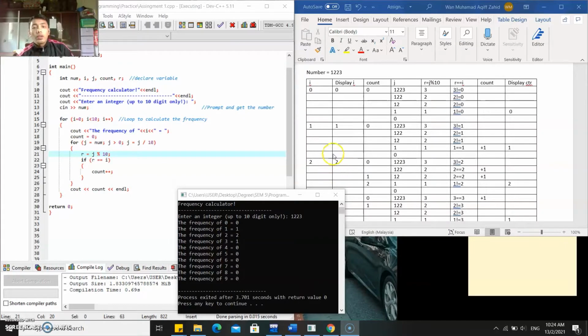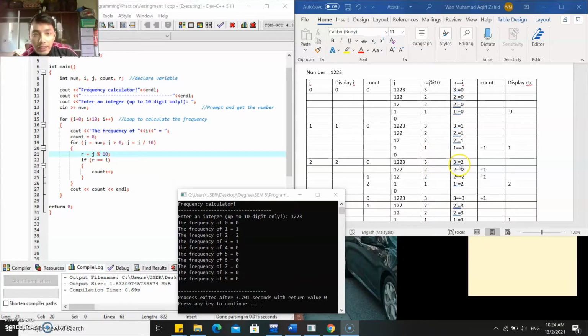So we display the frequency of 2 is equal to, and then we initialize again the count, which is 0, and then j is 1223, and 1223 modulus by 10 is equal to 3.